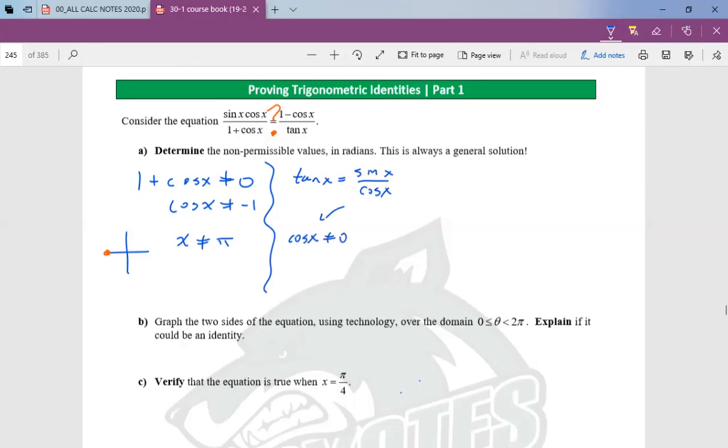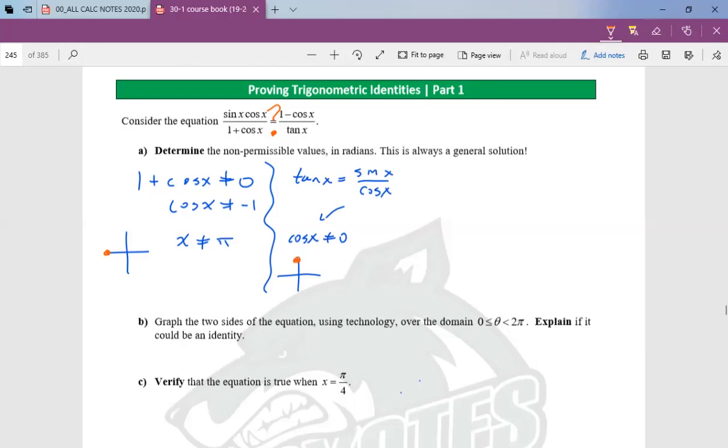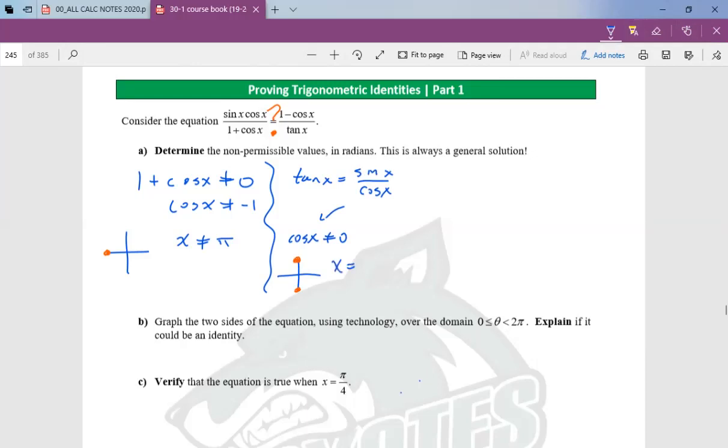Where does that happen? Cos x being 0 happens at pi halves and at 3 pi halves. So x cannot equal pi over 2, nor can it be 3 pi over 2.